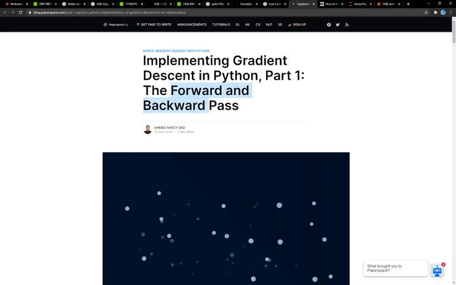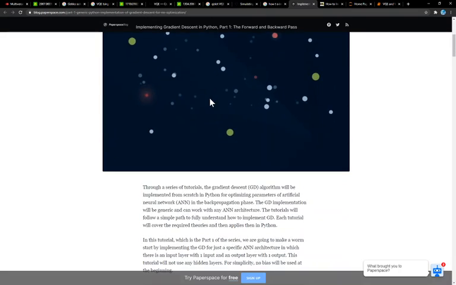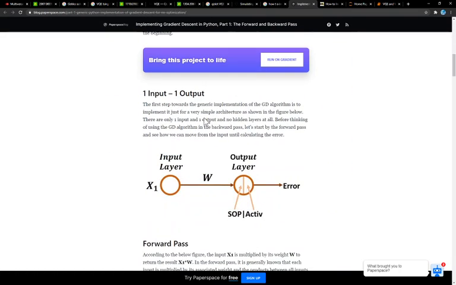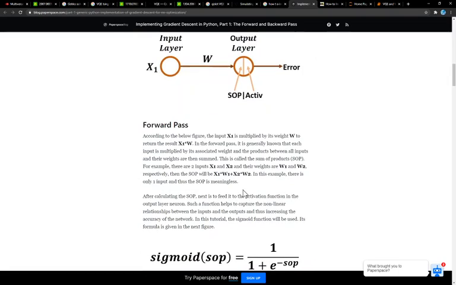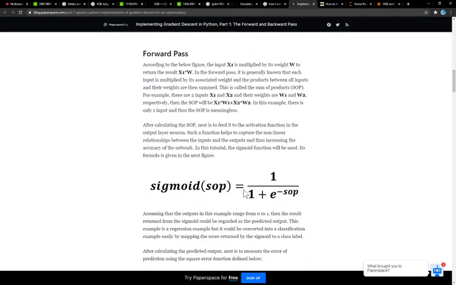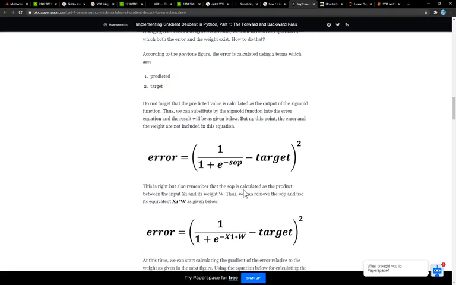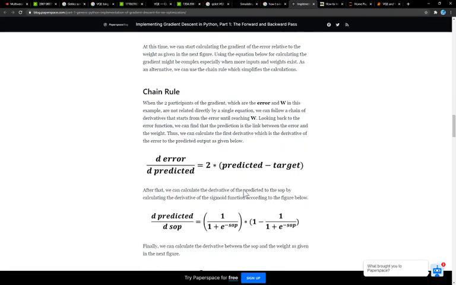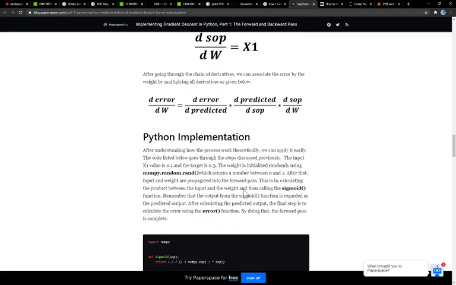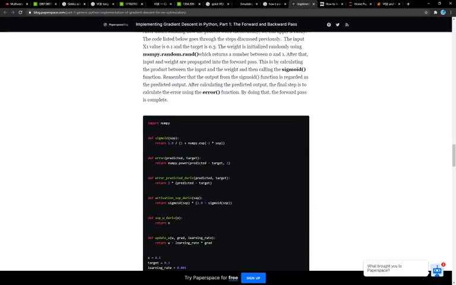The forward and backward pass. So input, forward pass, sigmoid, forward pass, chain rule, Python implementation.